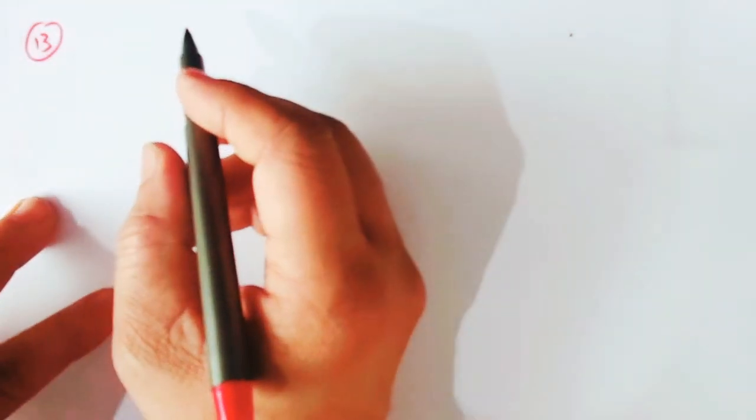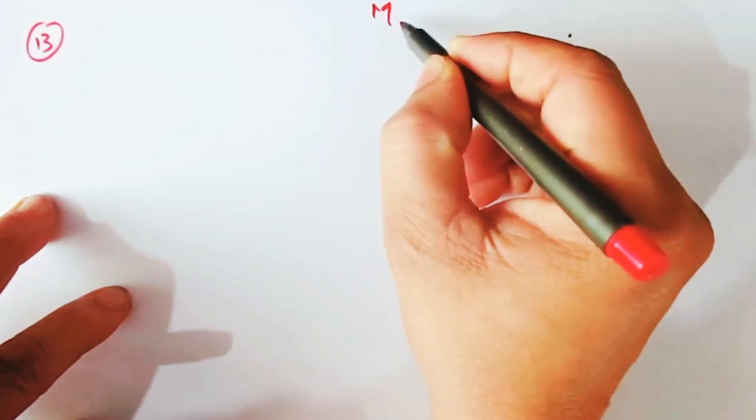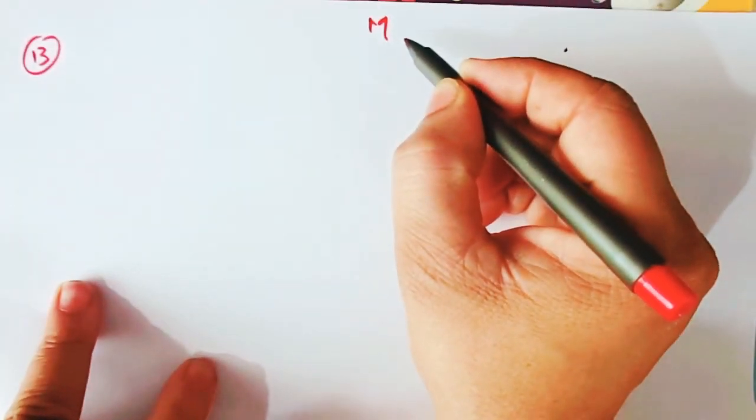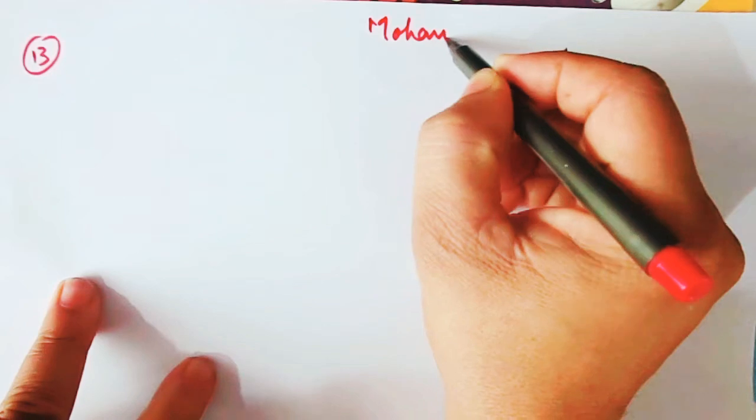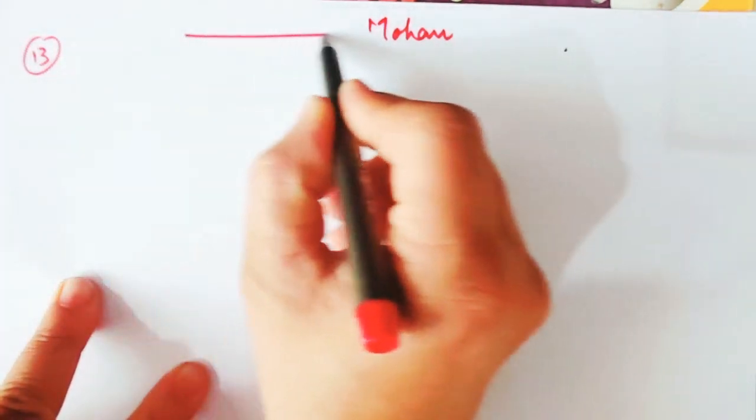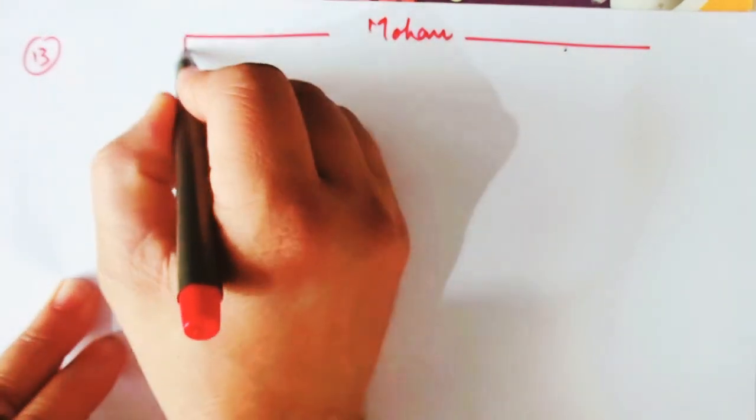See, we have two more sums in which there is the entry of another member whose name is Mohan. So my dear Mohan, let's see what you want to say. Mohan lends rupees 4800 to John. So this is Mohan, and he lends money to John and Shyam.